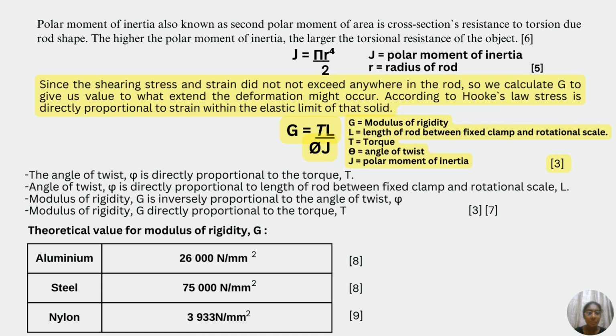So this is what we are supposed to get theoretically. The theoretical values for modulus of rigidity for the materials we investigate in this experiment are: aluminium is 26,000, steel is 75,000, and nylon is 3,933 Newton per millimeter square.